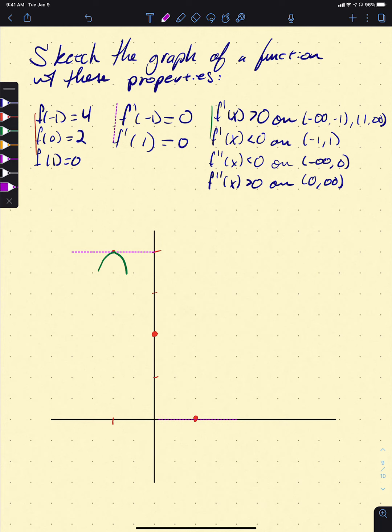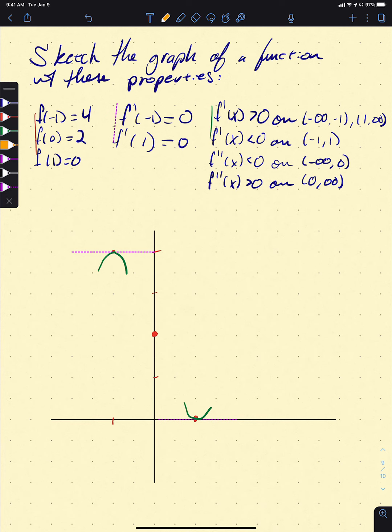Okay. Well, we can sort of turn our attention down here, right? We have a flat tangent line, and we're negative on this side as seen here, and positive on this side. So that means we have a local minimum right there.